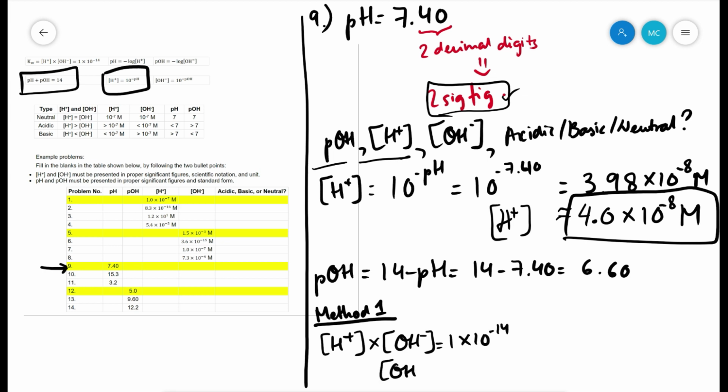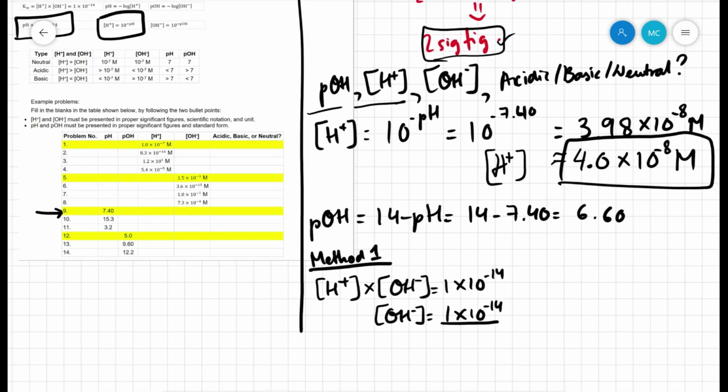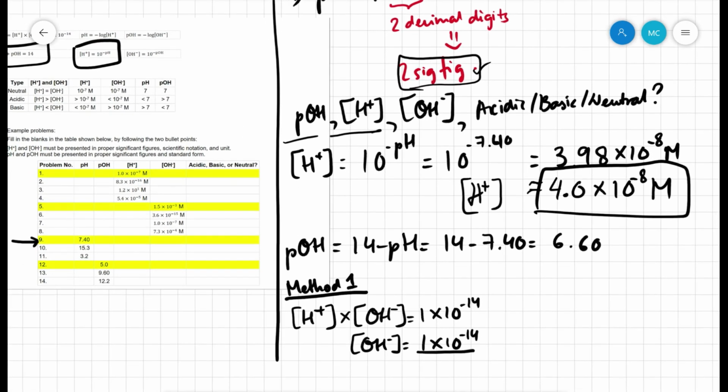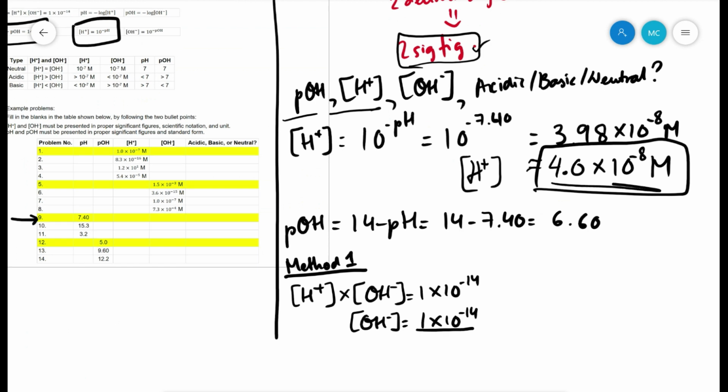Concentration of OH equals 1 times 10 to the power of negative 14 divided by the H, which you already found here, right? 4.0 times 10 to the negative 8. So this will be 2.5 times 10 to the negative 7 molar.